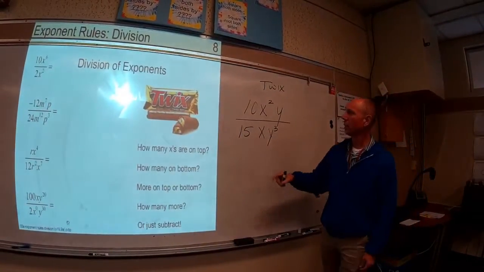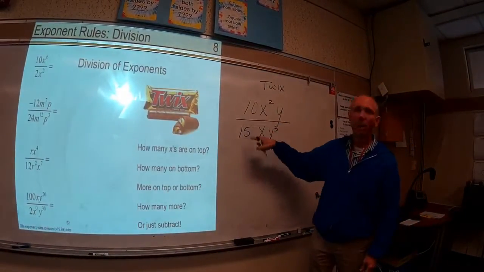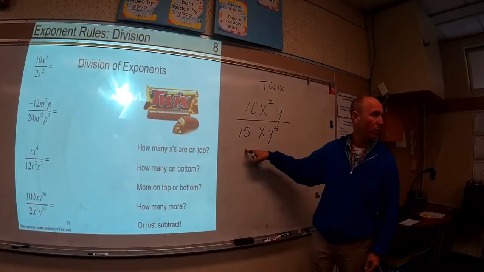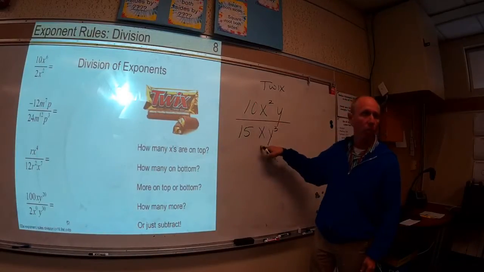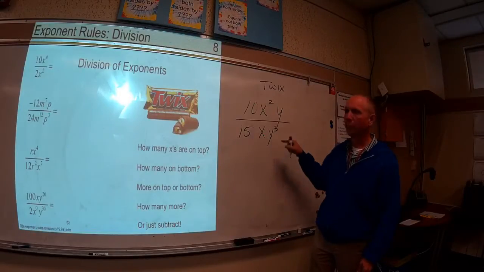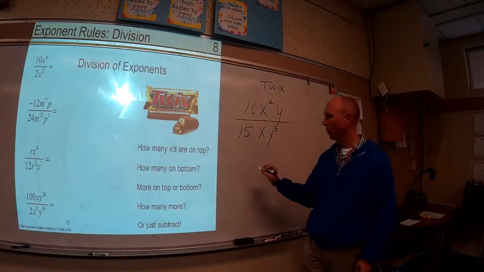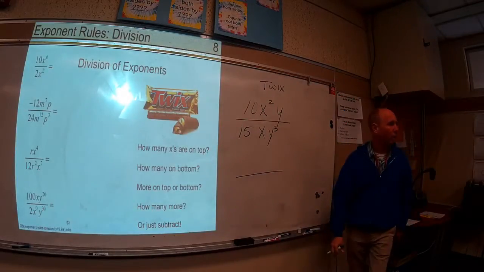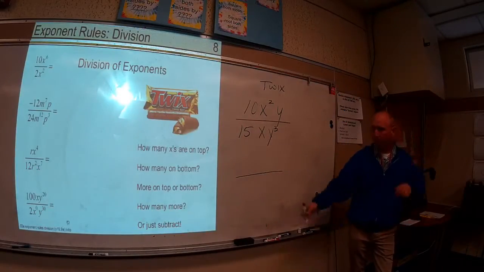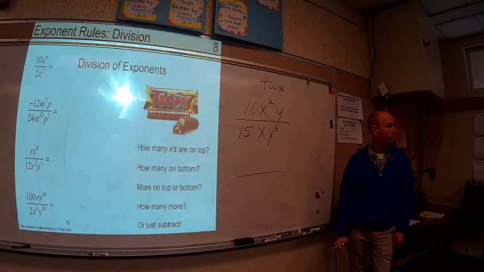The cookie, those are just the basic numbers, these coefficients right here. Ready? The x, that's the caramel, and the y, that's the chocolate. Let's draw a division bar, a line, so we can get everything ready to go.